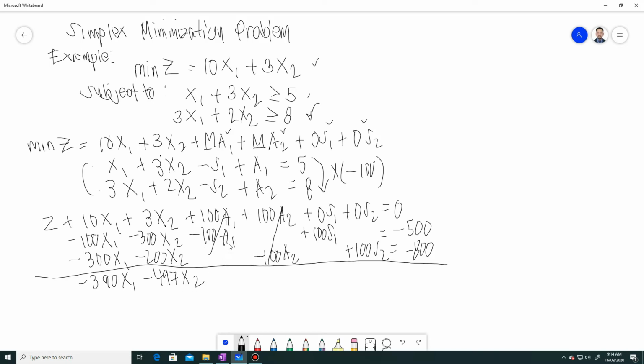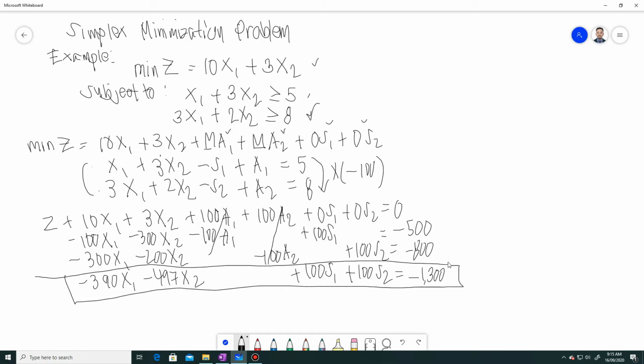Then these two will be cancelled, and then for s1, 100 s1 plus 100 s2 equals negative 1300. Now we are done with the objective function.